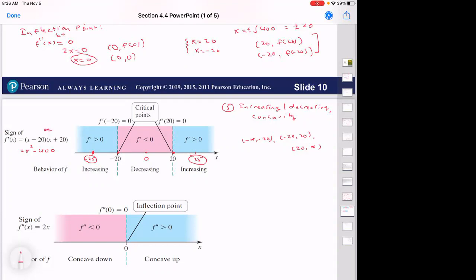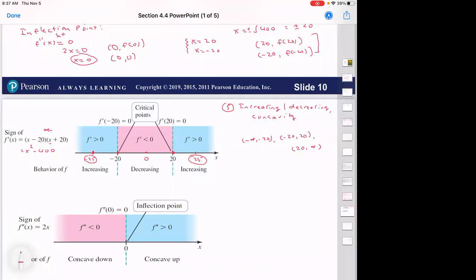Plug in -25 for x. We don't care what the value is, we just want to see the sign. Replace x by -25: -25 minus 20 is a negative number. Second factor, replace x by -25: -25 plus 20 is also a negative number.